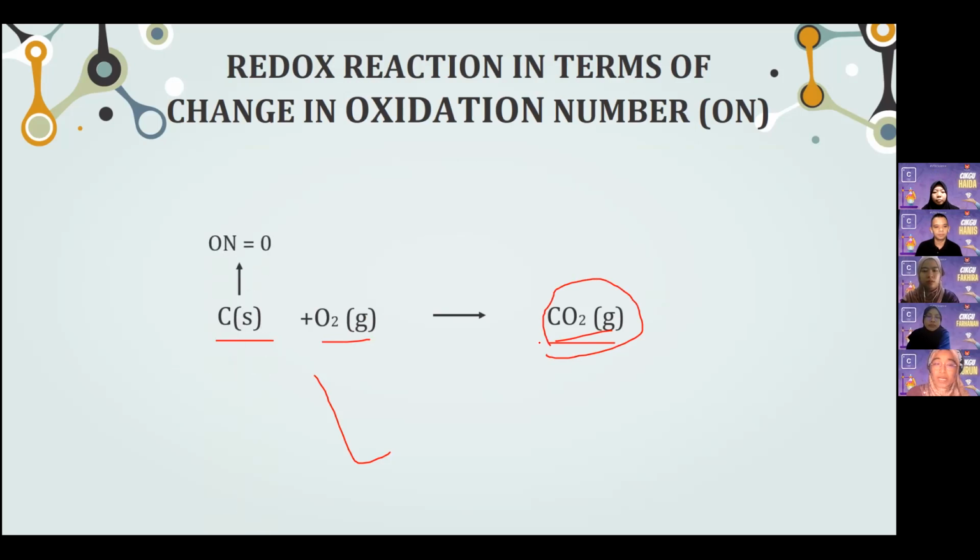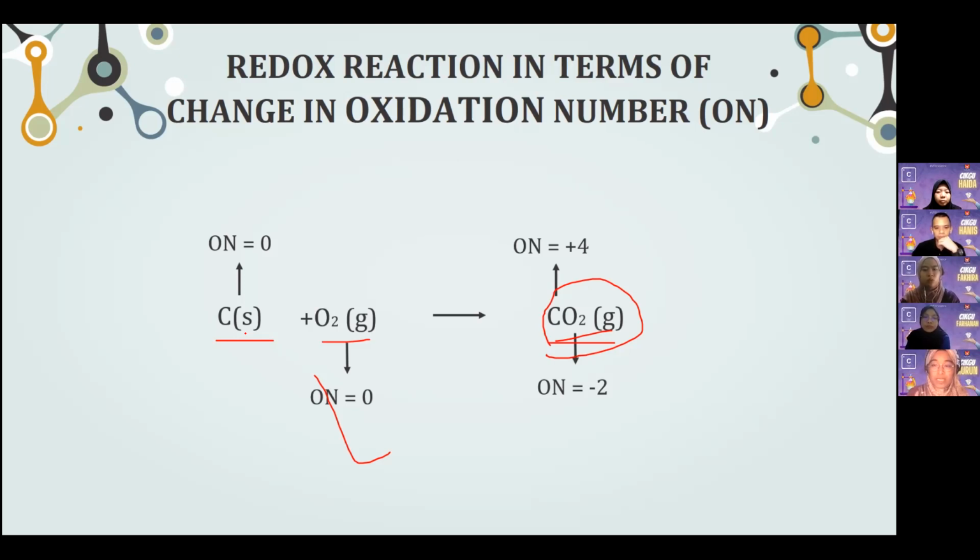Carbon has 0 oxidation number, oxygen has 0 oxidation number, whereas carbon in CO2 has +4 oxidation number, and oxygen has -2. How you can memorize why carbon and O2 have 0 oxidation number is that if it is a molecule made up of the same atom, like carbon or oxygen, it has 0 oxidation number.